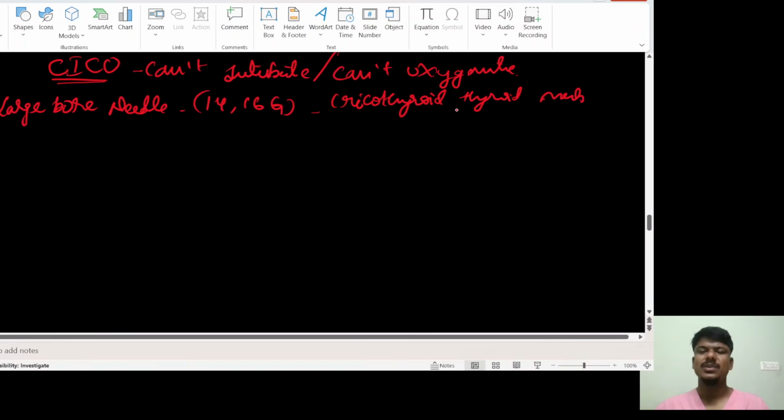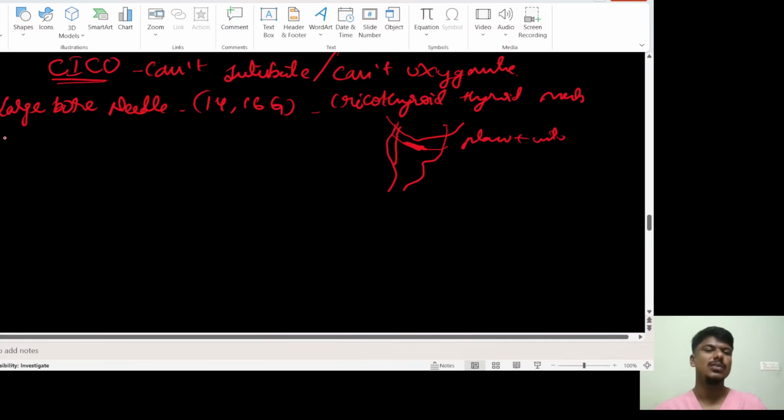Here is the thyroid cartilage, and exactly here the cricothyroid membrane is. Here I'm going to make a horizontal cut through the cricothyroid membrane, keep the slit open, and place a plastic PVC tube inside the trachea. So that you can ventilate the patient through the large bore needle.